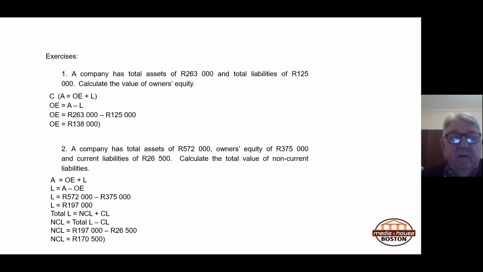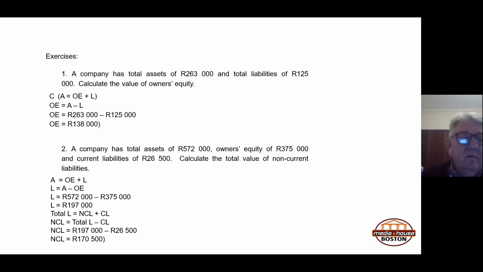Liabilities we divide into current and non-current liabilities. So they've asked us now to calculate the value of the non-current liabilities. The assets is equal to owner's equity plus liabilities. Therefore, liabilities is equal to assets minus owner's equity.